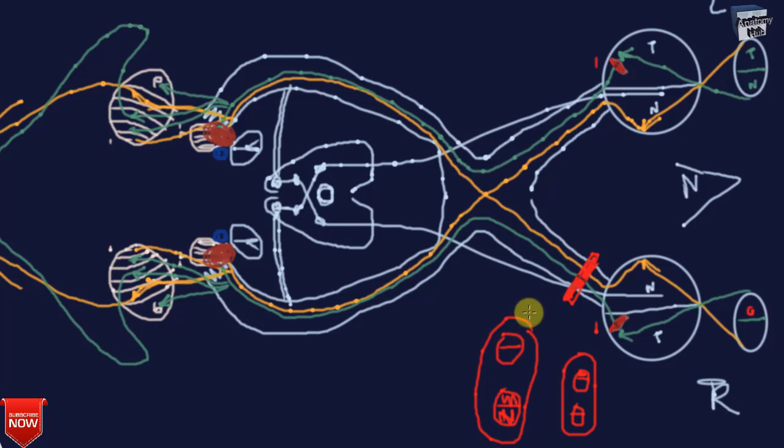Then if we consider the complete side, that is one side, the right side ipsilateral, those pathways will be blocked, so complete blindness of one side will occur.